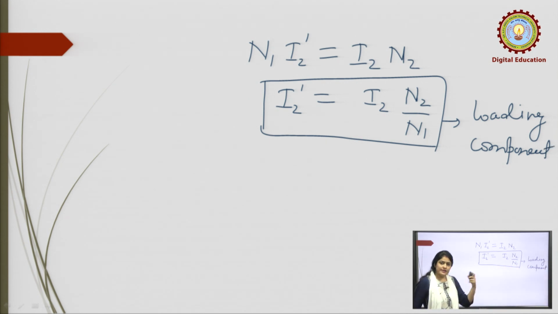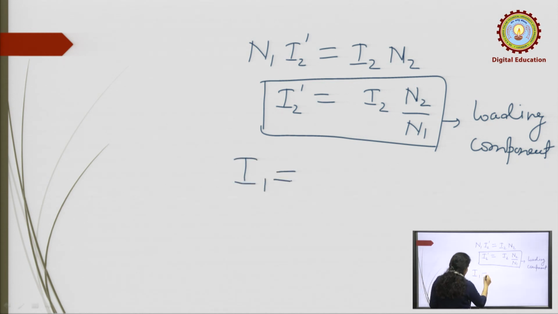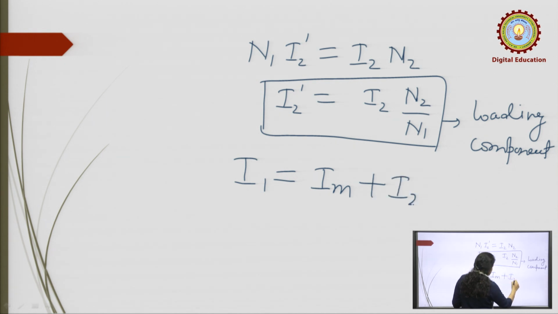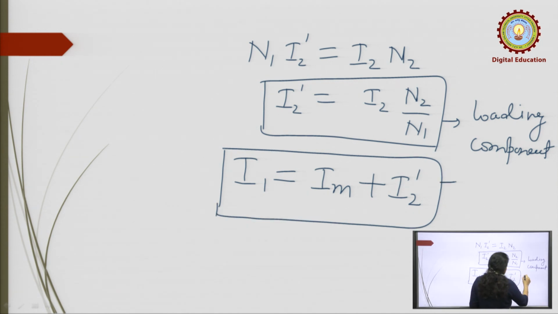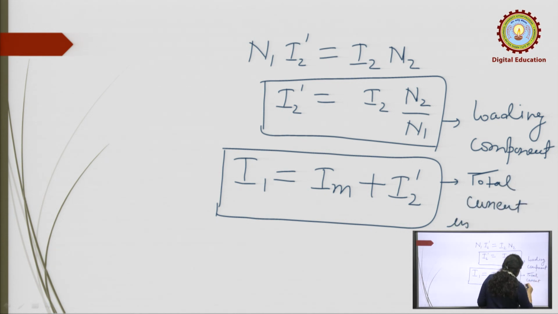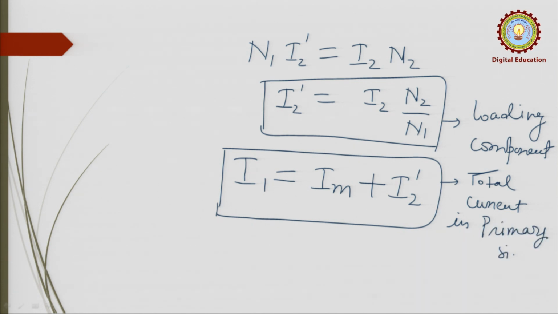So now when the load is connected and the switch is closed, the total current drawn from the supply side becomes I1. In the primary side there is a current Im, and due to this loading there is I2 dash. So the total current in the primary side is this much. Okay.